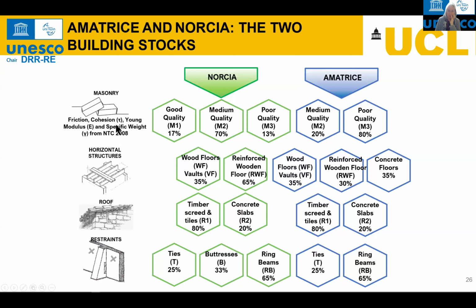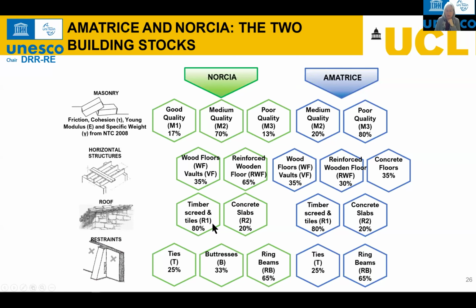So, for instance, in terms of the quality of the masonry, which was clearly much better in Norcia than in Amatrice. We can see here that the horizontal structures were, to a certain extent, similar in terms of wood floors and vaults, but there was a high proportion of concrete floors in Amatrice.